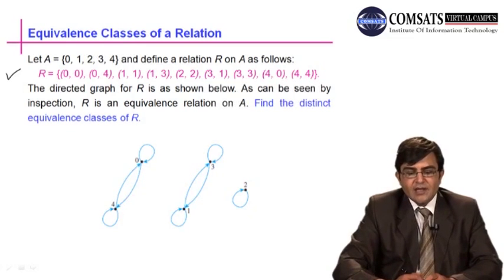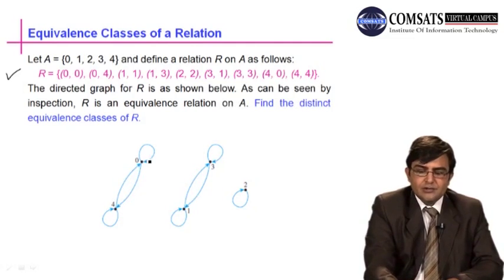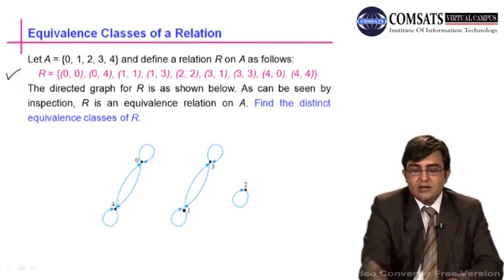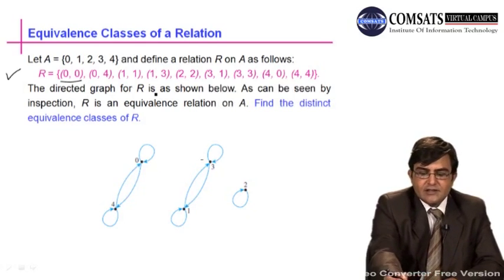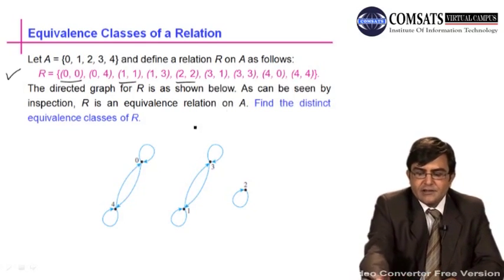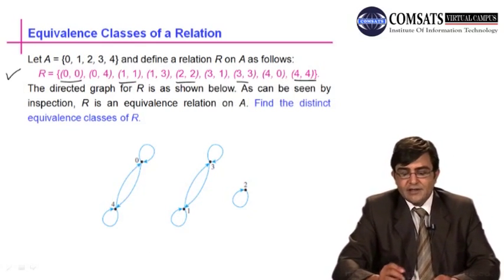Now we can say that 0 is related to 0, so we construct a loop on 0. 2 is related to 2, so we construct a loop on 2. 0 is related to 0, 1 is related to 1, 2 is related to 2, 3 is related to 3, 4 is related to 4. So at each point, we construct a loop.